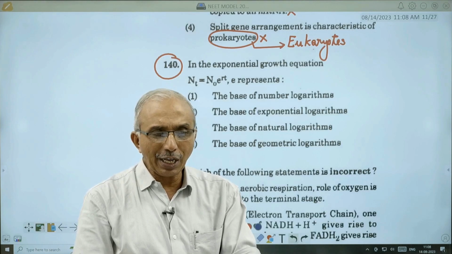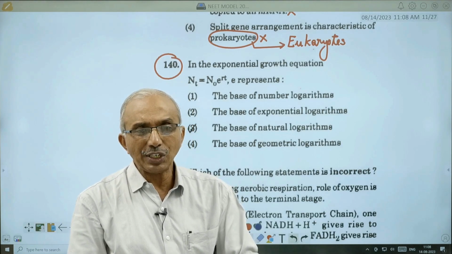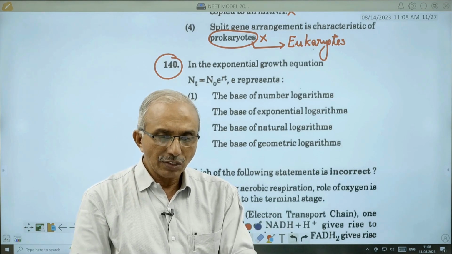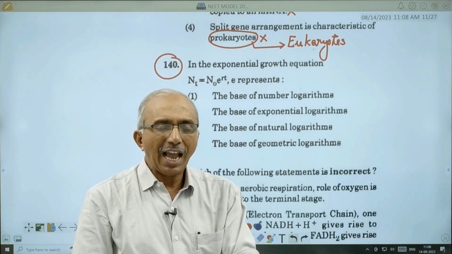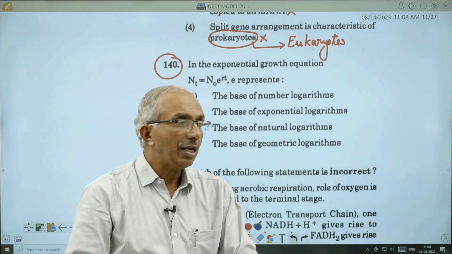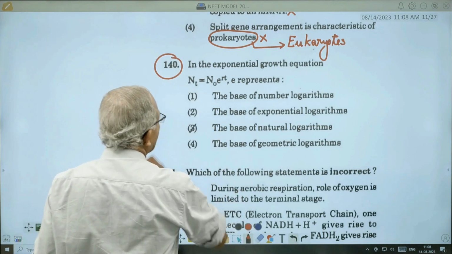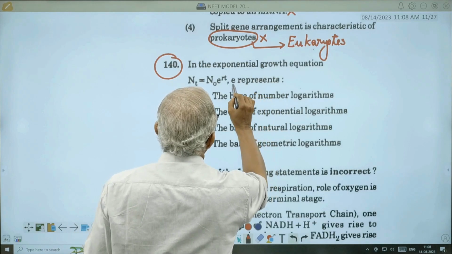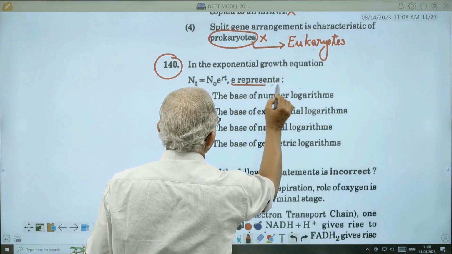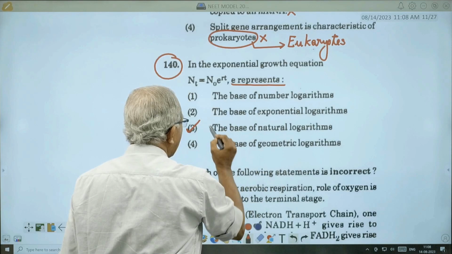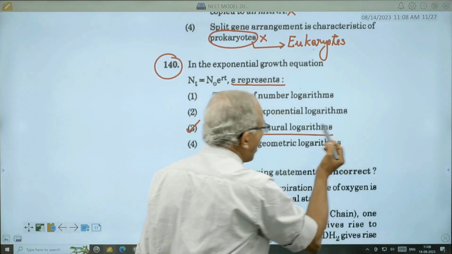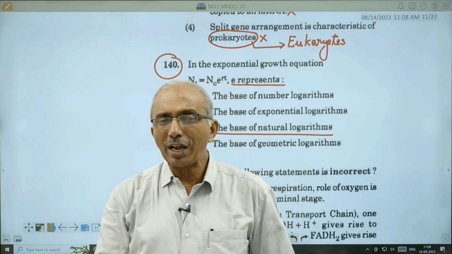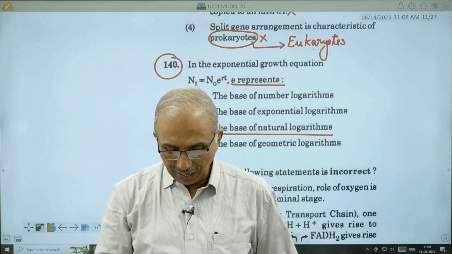In geometric growth, the growth curve, that is the sigmoid curve, called exponential growth, is represented by this equation. Here e represents the base of natural logarithm. It is 2.7 something. It is a constant.